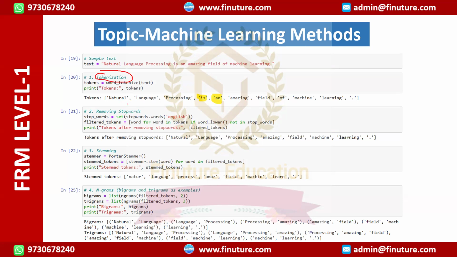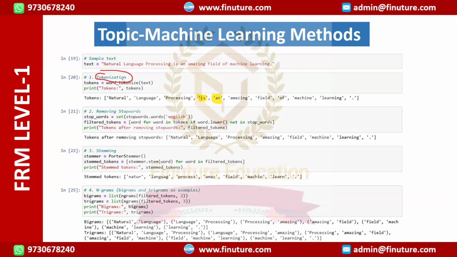So the first one is basically tokenization, removal of spaces, punctuation, and symbols. The output has removed the spaces.